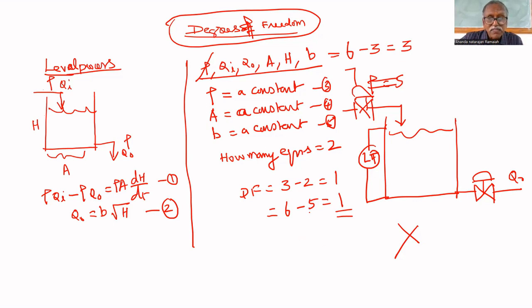Why does this happen? Have you studied consistency in matrices? Suppose three unknowns are there, how many equations are required? Three equations are required. If there are four equations, the fourth equation may be redundant.